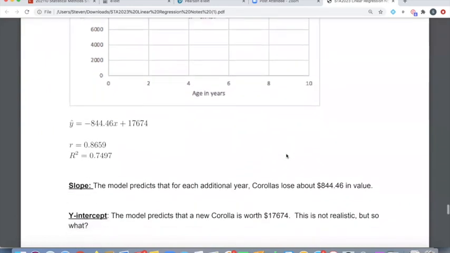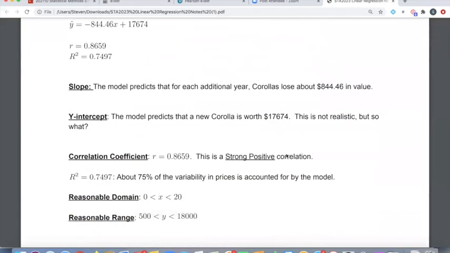Our y-intercept a lot of times is going to be something silly. There's a problem we do later that predicts that the value of a diamond with 0 carats is negative some number. Imagine you go to the pawn shop or a jewelry store and you say, give me a diamond ring with 0 diamonds.